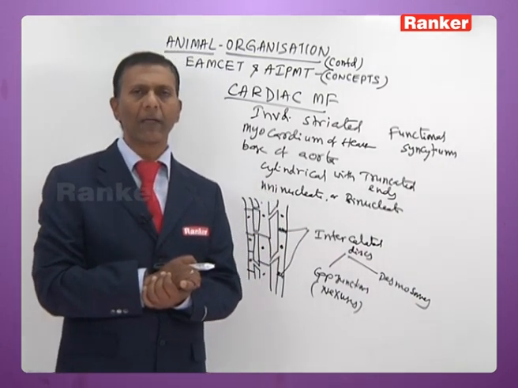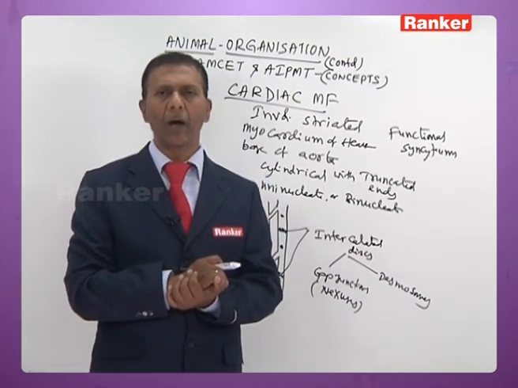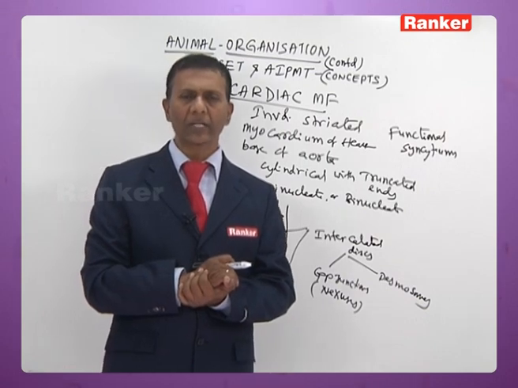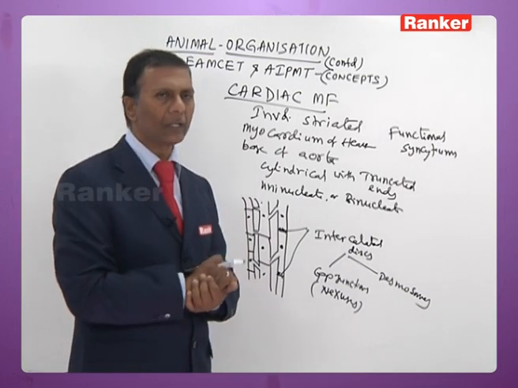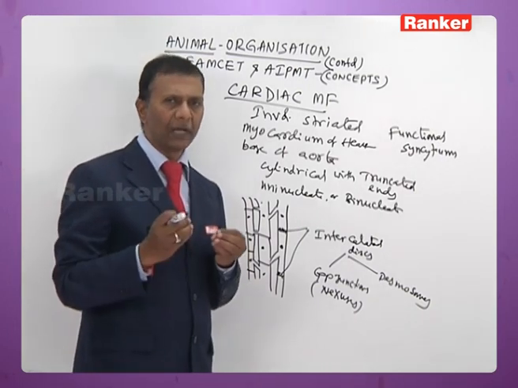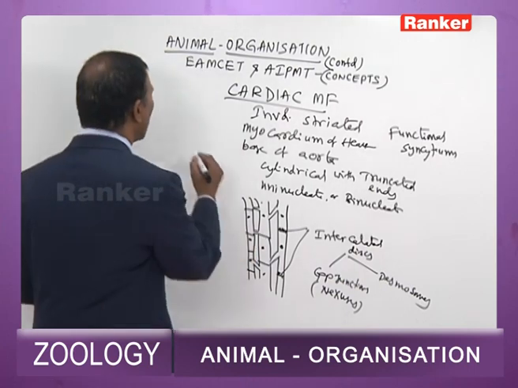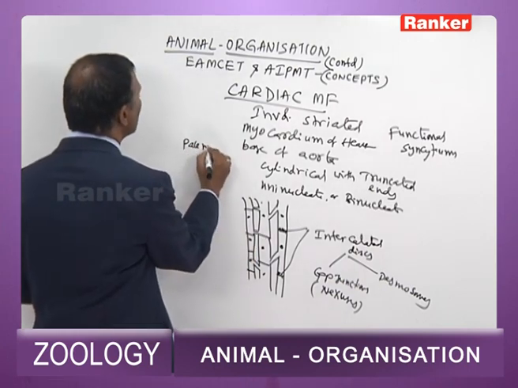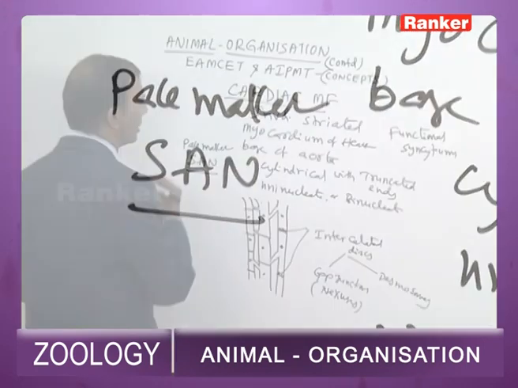Within the cardiac muscle fibers, there are certain autorhythmic fibers, which are capable of eliciting contractions within the cardiac muscle on their own. Those cardiomyocytes which exhibit autorhythmicity collectively form a pacemaker, that is the sinoatrial node.